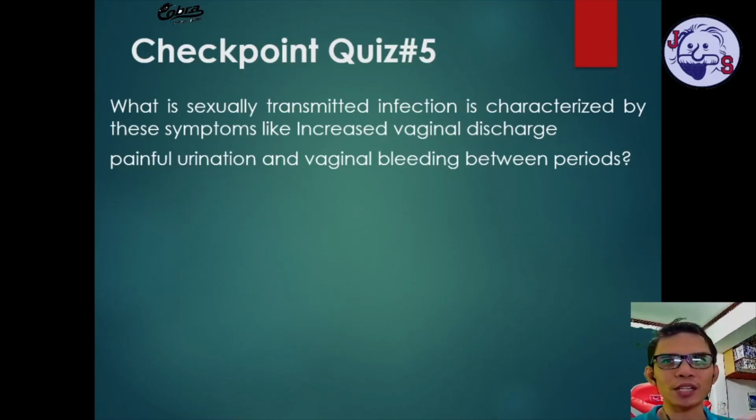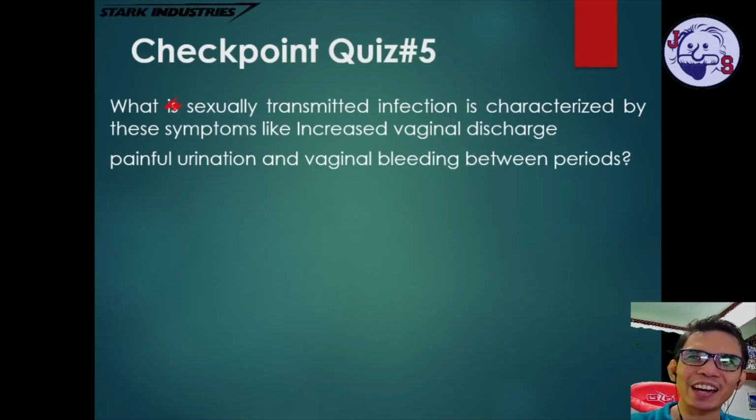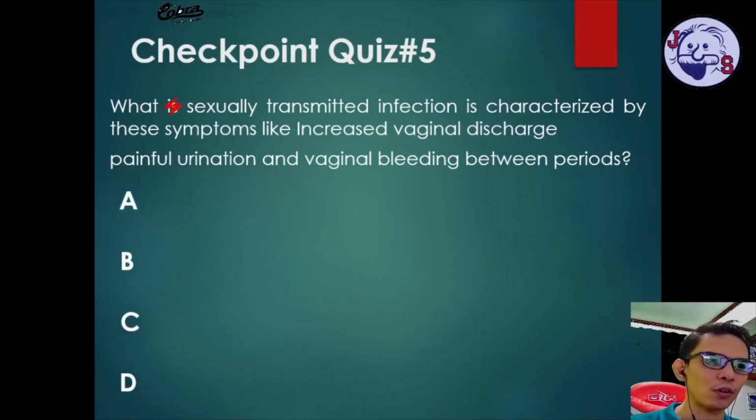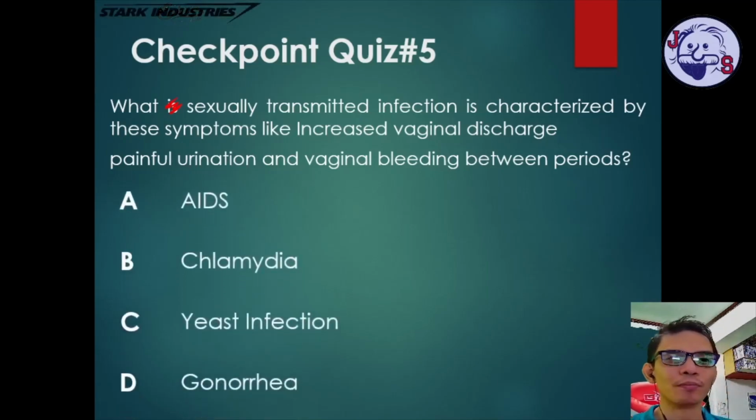What sexually transmitted infection is characterized by symptoms like increased vaginal discharge, painful urination, and vaginal bleeding between periods? Here are the choices. You might want to pause this video if you want time to think about the answer.